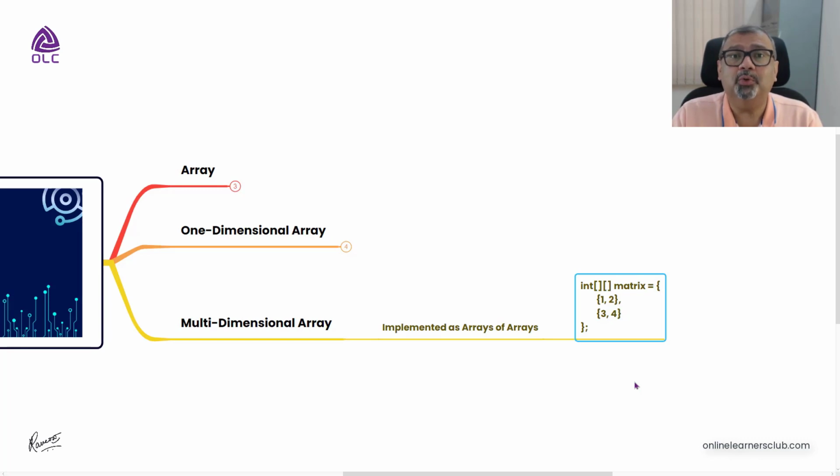For example, I could use the same zero-based index. matrix[0][0] identifies that I am going to row 0 and column 0, which is 1. Similarly, [1][0] means it is going to the second row, and again it is a zero-based index, keep that in mind, and then number 3. It's pretty straightforward. What you see in normal mathematics, the same concept we have here in the programming language as well.